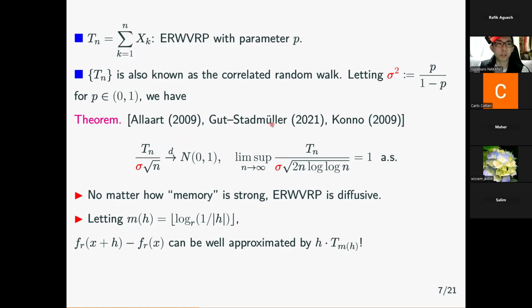Allaart and Gut-Stadtmüller use the uniformly mixing property of the elephant random walk. And Konno found that this elephant random walk is related to quantum walks, and by applying calculations of quantum walks, he obtained these limit theorems.